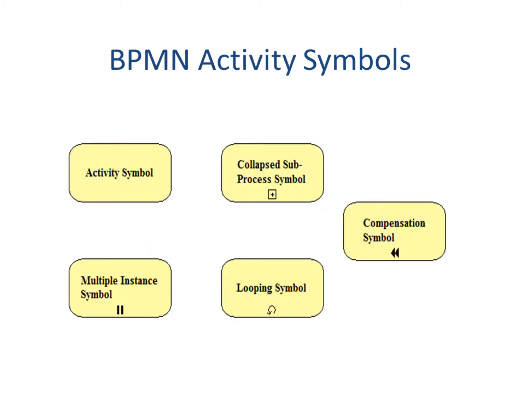The activity or process is a generic term that represents the work that a company or organization performs. Activities can be atomic or non-atomic, that is, compound activities, and are represented as a rounded rectangle. Activity types include process, subprocess, which can be defined as a transaction, and a task.